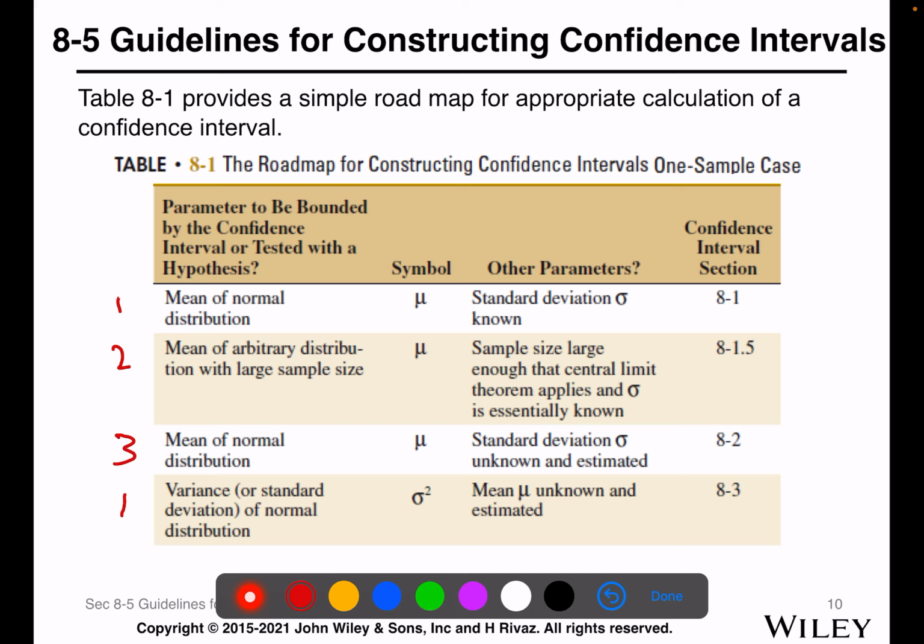So we want to calculate the confidence interval for the mean, and we know the standard deviation of the population. In that case, we use the normal distribution. We want to calculate, again, the mean. We don't know the variance, but we have a large sample size. Again, we use the normal distribution. Why? Because the central limit theorem applies.